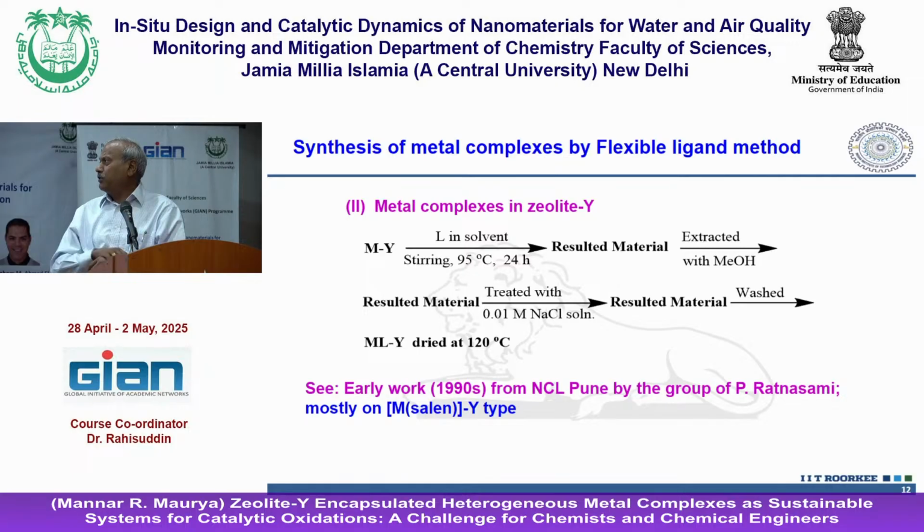Later we realized that we can go by a regular solvent: just take this material in any solvent in which the ligand is soluble. When the ligand is soluble, it has flexibility, it can enter into the cavity very well, and it can form a metal complex. So this was the idea that was generated during the 90s.